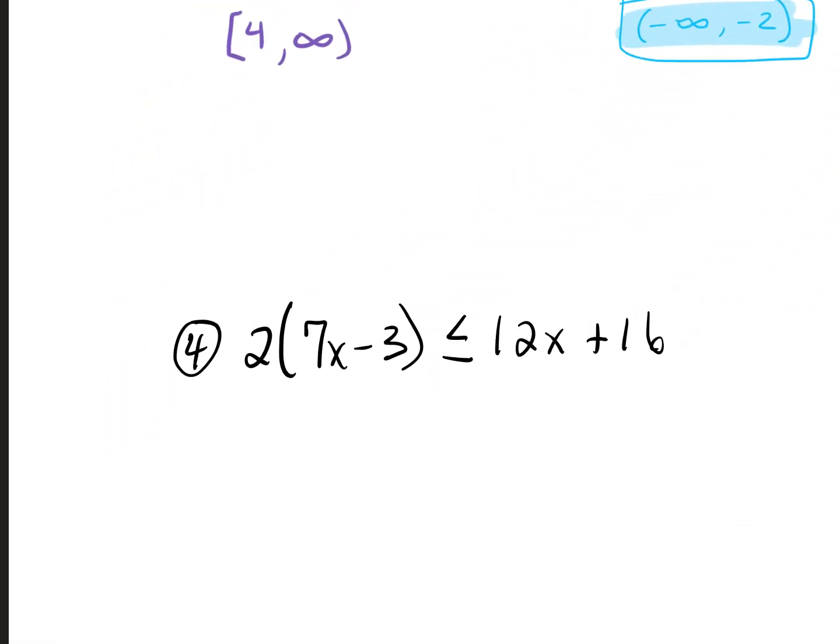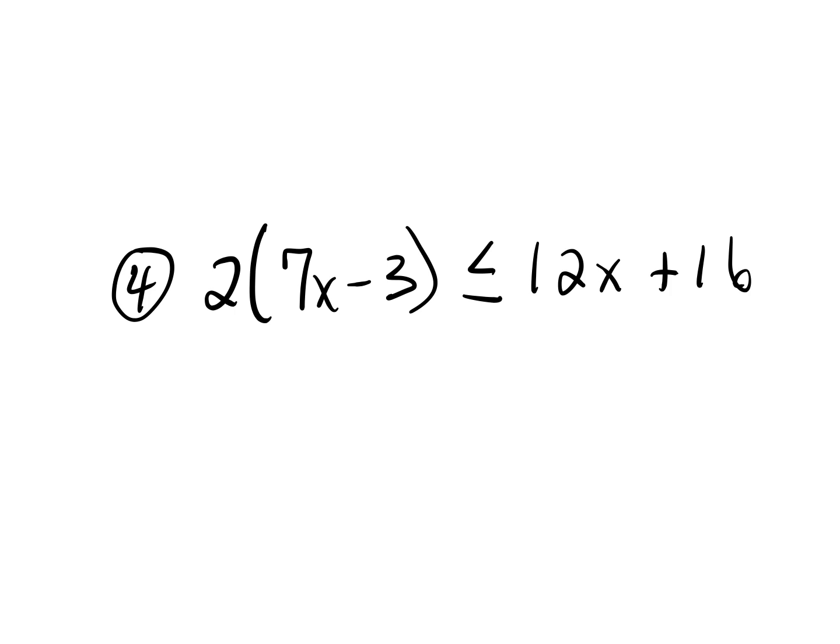Let's do number 4. So again, here we want to solve for x. We want to isolate our variable. So I'm going to distribute the 2. So I have 14x minus 6 is less than or equal to 12x plus 16. Then I'm going to subtract 12x to move it to the other side.